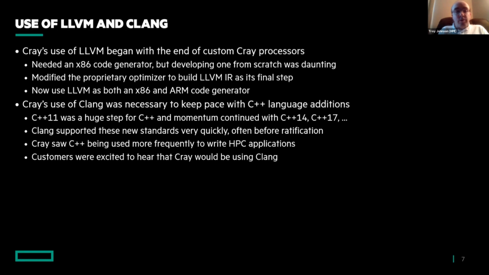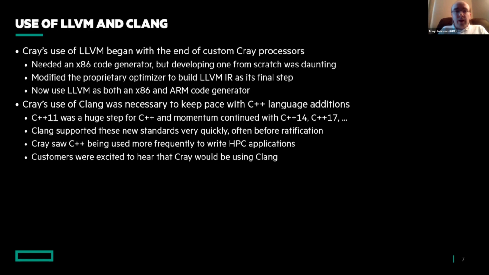So that's what we did. We got the LLVM cogen, and we modified our proprietary optimizer to generate LLVM IR as its final step, so that we could feed that into the LLVM cogen. And we now use LLVM as both an x86 and an ARM code generator in our current compiler.